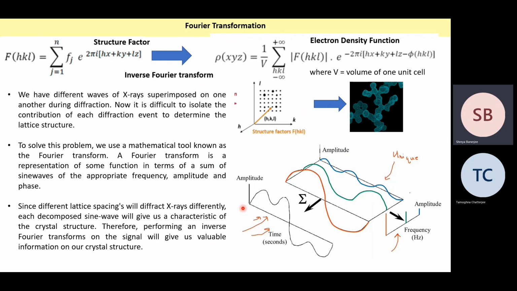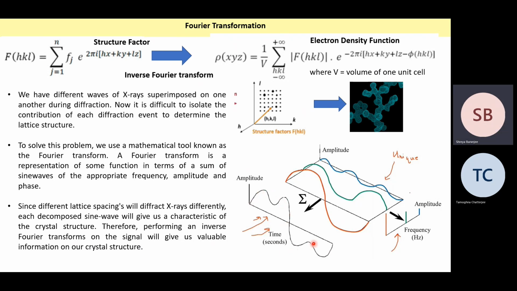Basically, from the diffraction spot, you can get the waveform of the net wave pattern. So if you have, say, n atoms, there will be n diffracted rays, and the n diffracted rays will combine to give you a combined wave pattern.